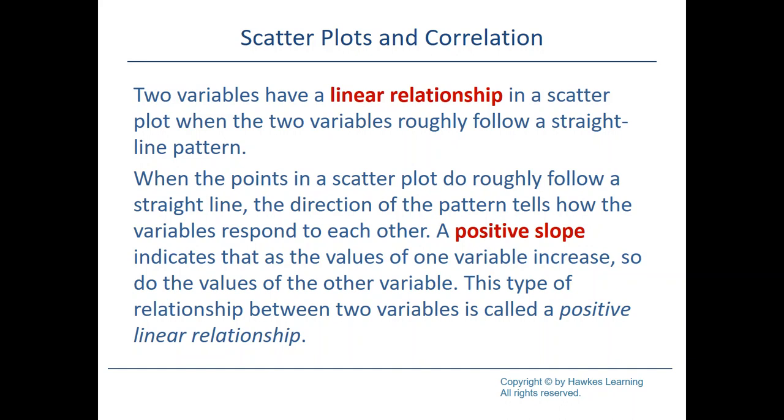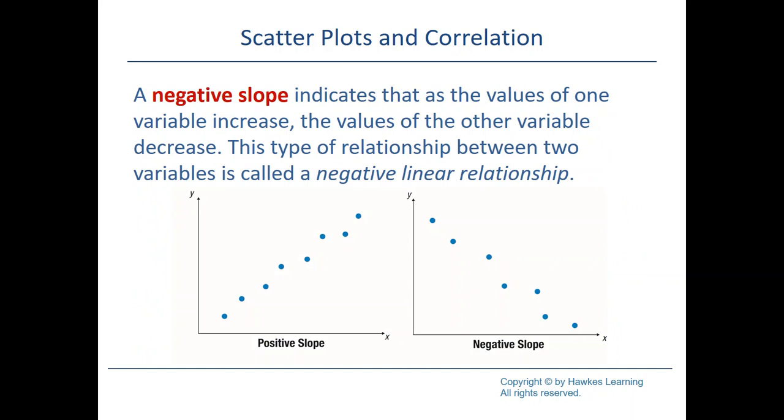A positive slope indicates that as one variable increases, the other values also increase. This type of relationship between those two variables is considered a positive linear relationship. A negative slope indicates the values of one variable increasing while the other one decreases.